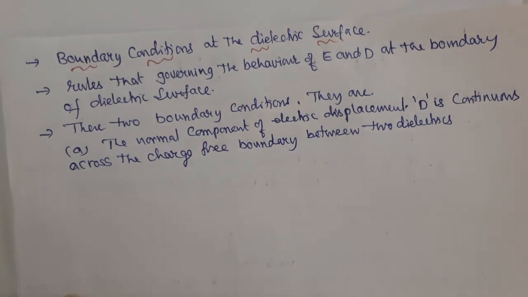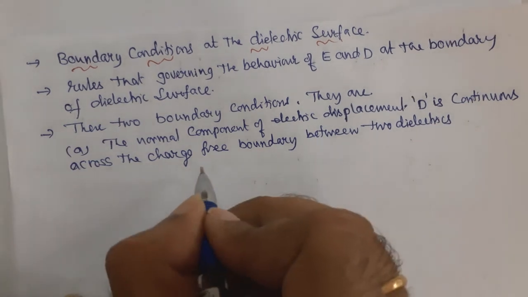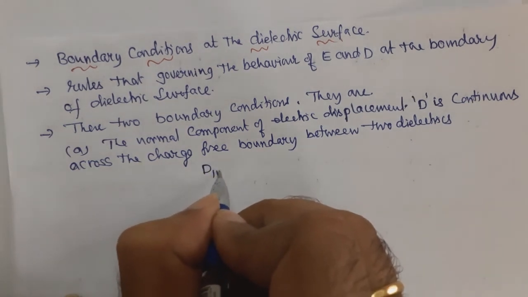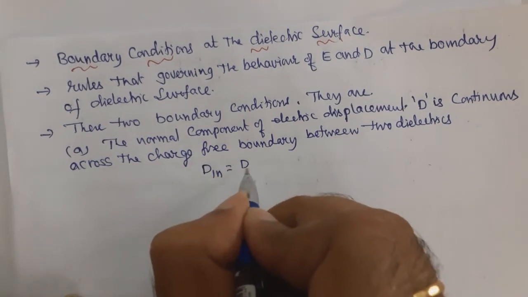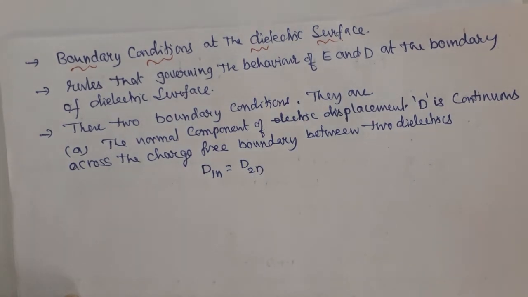Now suppose you wanted to represent it by an equation. You can write this as D1n is equal to D2n.